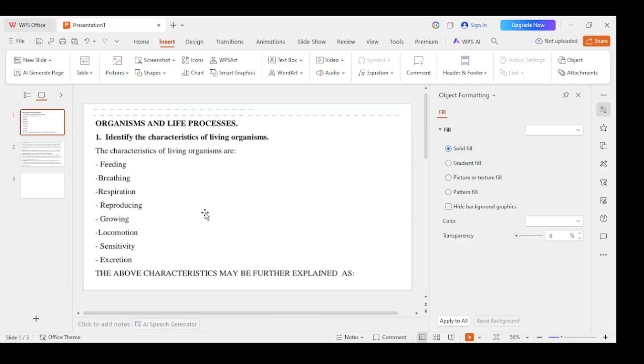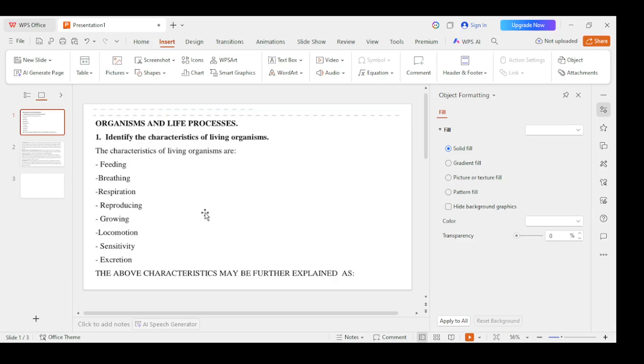Imagine you're a girl and you have no features of a girl, then people will look at you and say, this one is not a girl. Reason being, the features that you have are not identifying who you are, and those are characteristics. The characteristics we are going to identify here are features that all living organisms have.